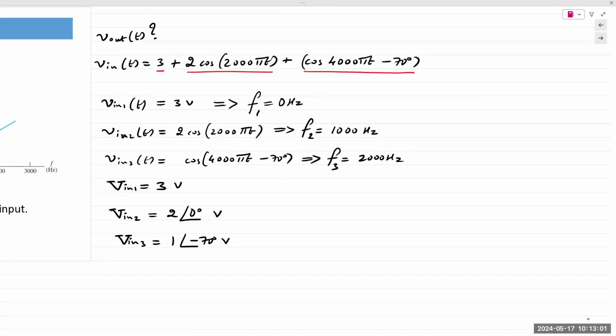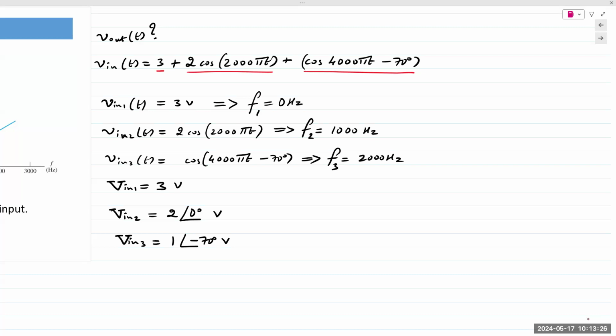Same frequency. The frequencies must be the same. If the frequencies are not the same, we cannot add or subtract them. So as we look here, three components: 3 plus 2 cos 2000 pi t plus cos of 4000 pi t. The frequency for all three components is separate, and hence we cannot combine them.